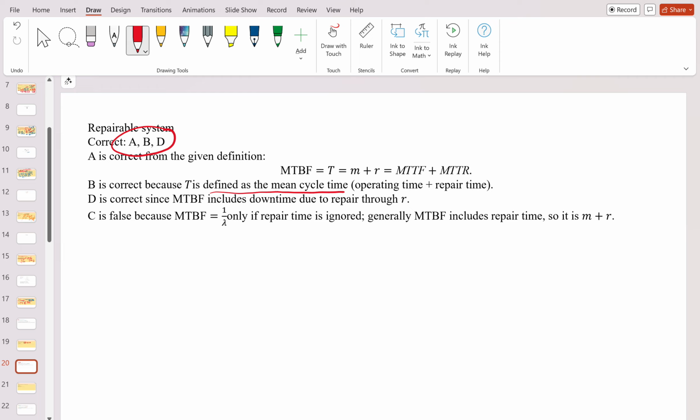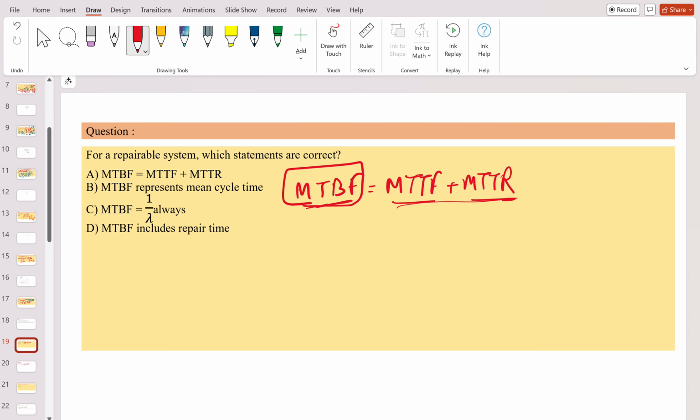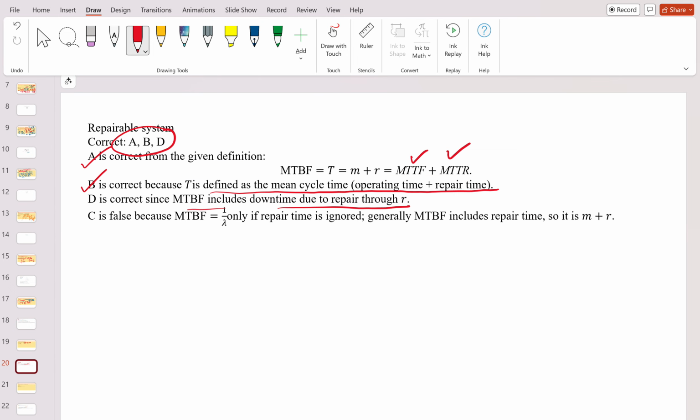MTBF is defined as a mean cycle time: operating time and the repair time. Through this also you can judge that option B is correct. Okay. So when you see, option D is correct. C is false because MTTF is equal to 1 upon lambda, not in a case where the repair time is included.